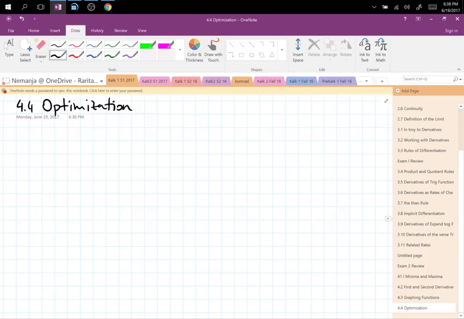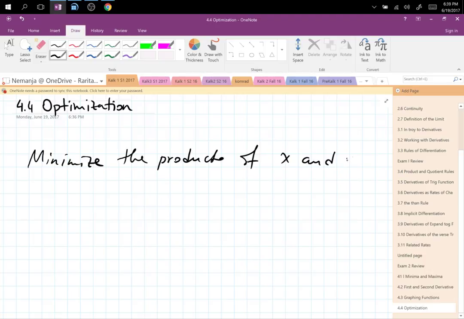Say: minimize the product of x and y, given the constraint x plus y equals 10.